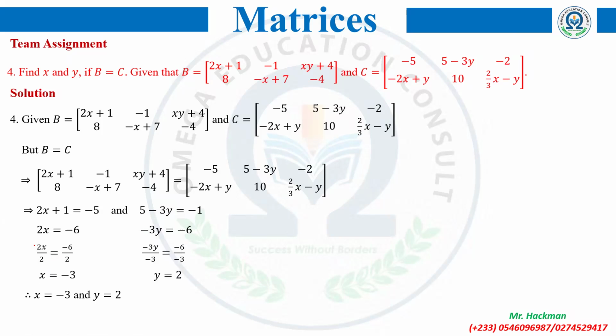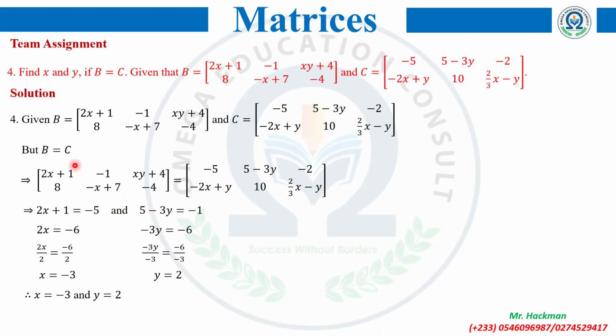So this matrix here, which is your B, should be equal to the matrix for C. Again, for two matrices to be equal, their corresponding entries must be the same. So all that you need to do is to equate the corresponding entries.